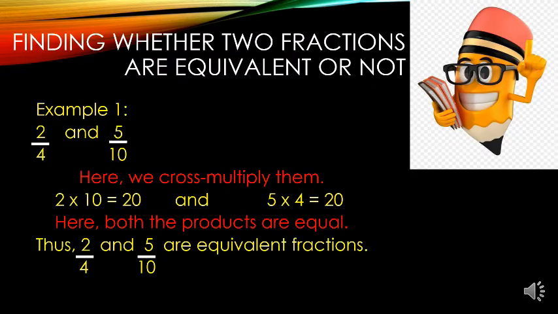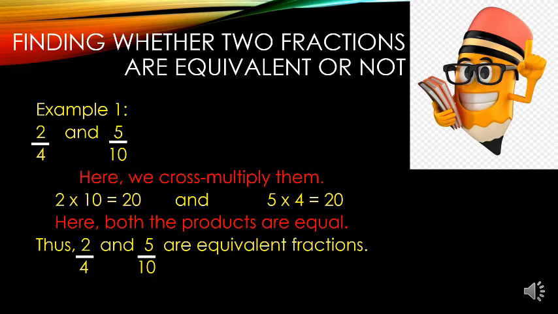Let us find out whether two fractions are equivalent or not. We have two fractions, 2 by 4 and 5 by 10. So the first step that we need to do is to cross multiply them. So we will cross multiply 2 and 10 and 5 and 4.